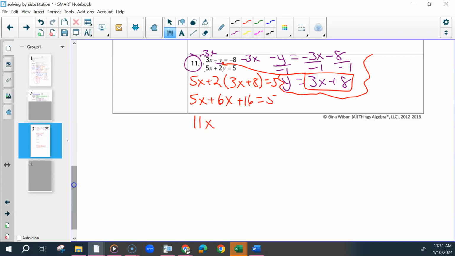Combine like terms to get 11. Get rid of 16. So that x is what? And then go back and find y. Do you guys know how to do that? Can you tell me what you get?